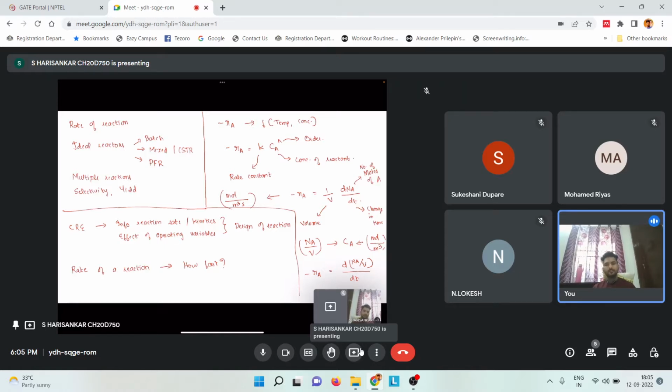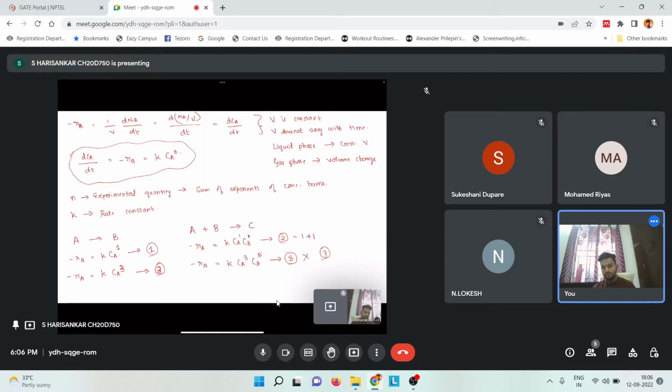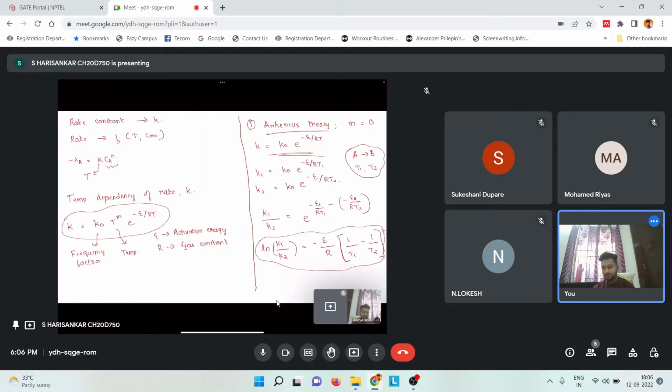Yeah, so last class we started with CRE, the basics of CRE. We looked into rate of reaction and the types of ideal reactors. We started with how to write the rate equation, and from then we went on to see how we can derive rate equations for different orders of reaction and different types of reactions.